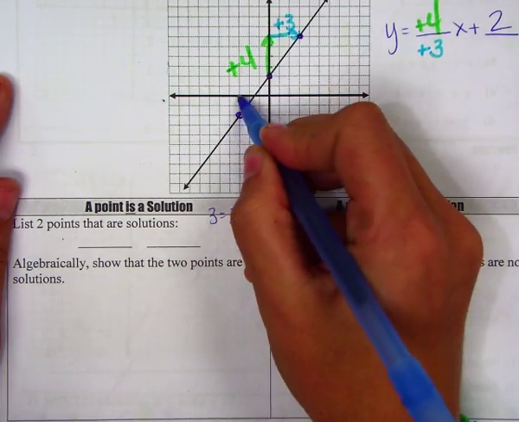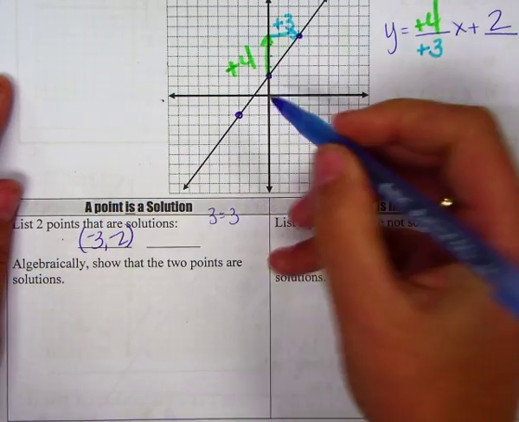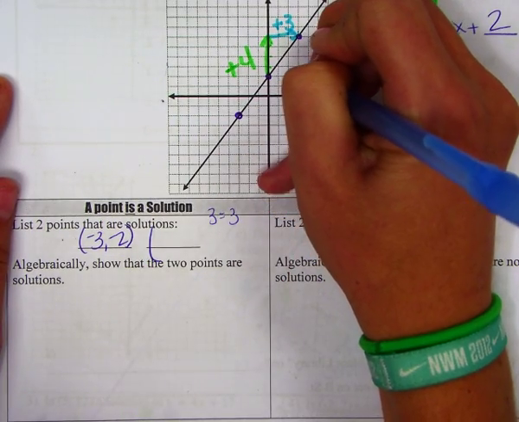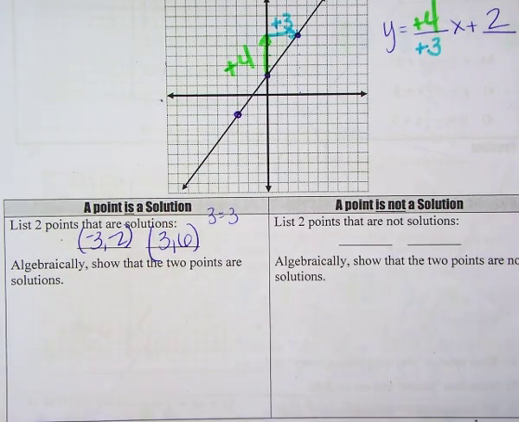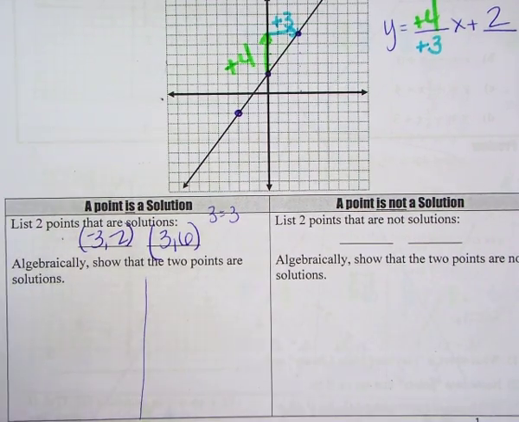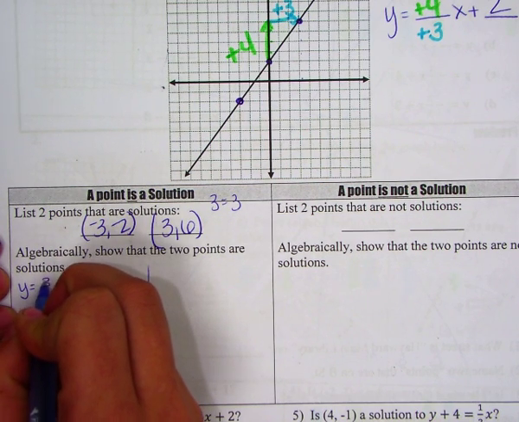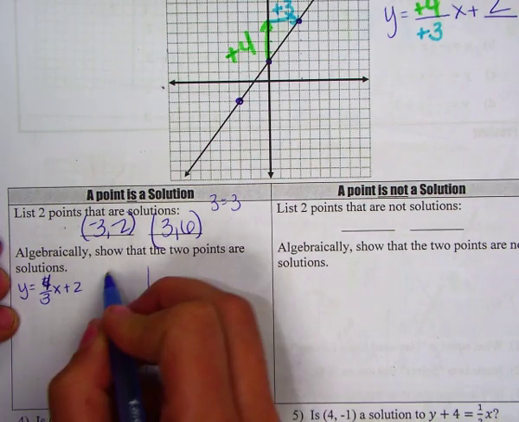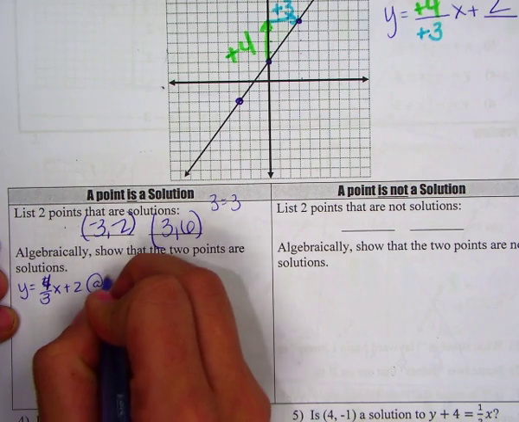The point -3, -2 is a solution because it's on the line, and the point 3, 6 is also a solution because it's on the line. So what does that mean algebraically? Let me separate this and make a little bit of room. That means in the equation y equals 4/3 x plus 2, if I substitute in the point -3, -2, it should make it true.